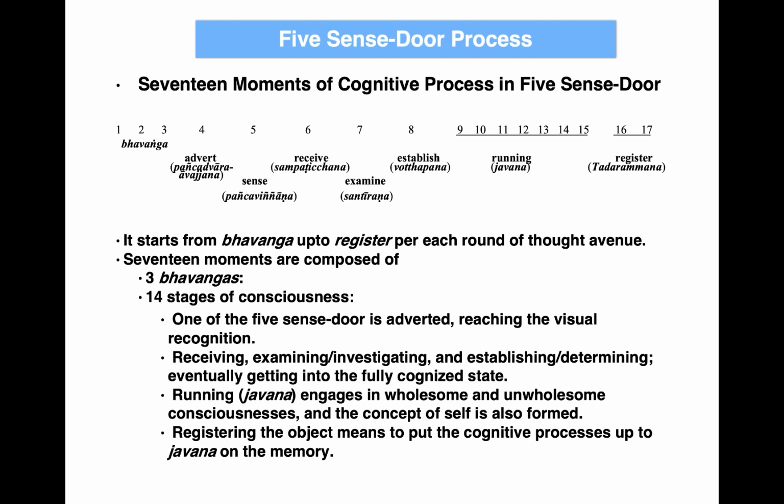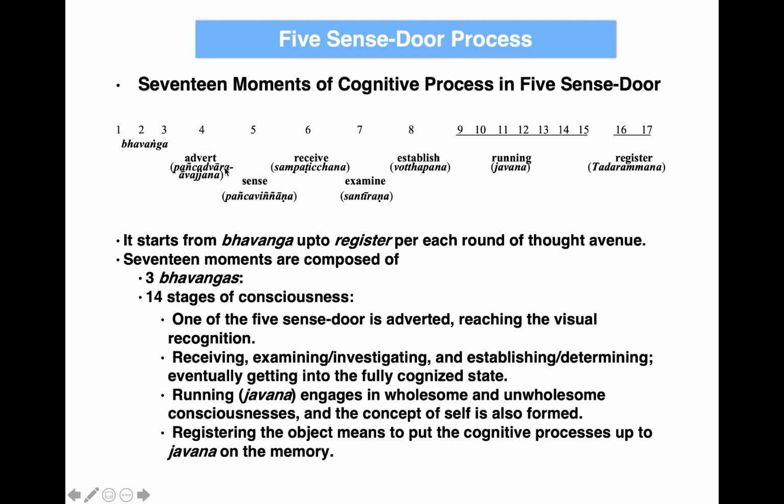And Abhidhamma analyzes it in detailed steps. So it starts from bhavanga up to registration for each round of a thought avenue. 17 moments are composed of three bhavanga and 14 stages of consciousness.